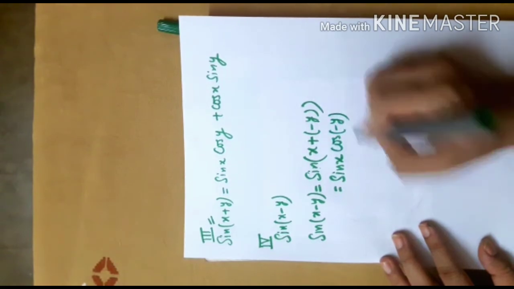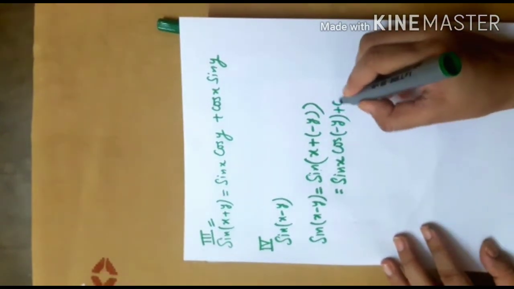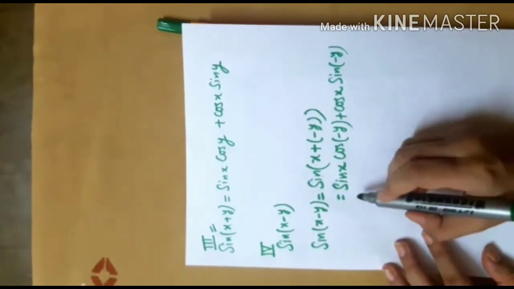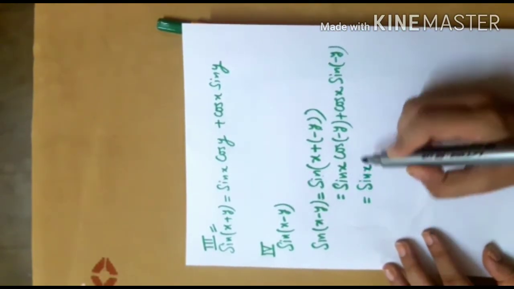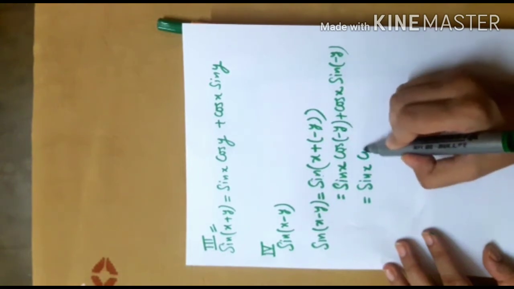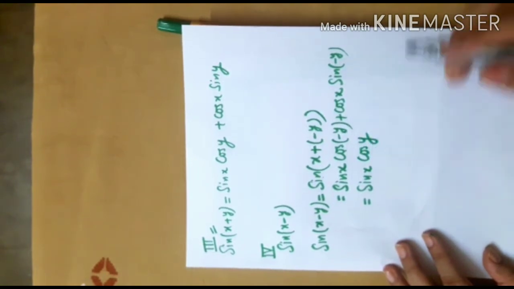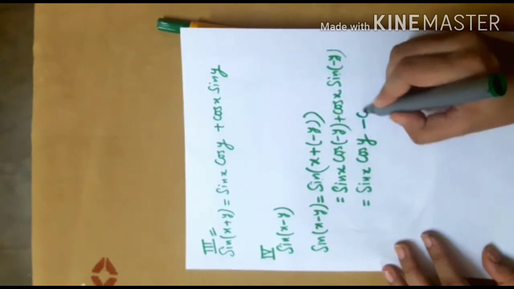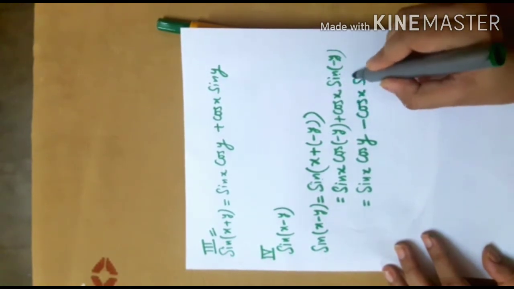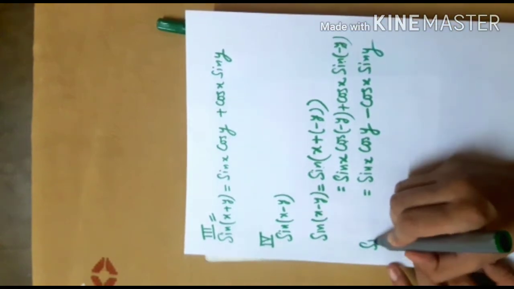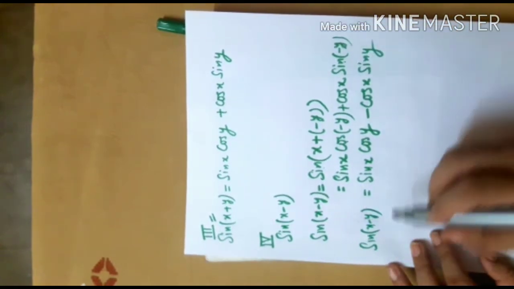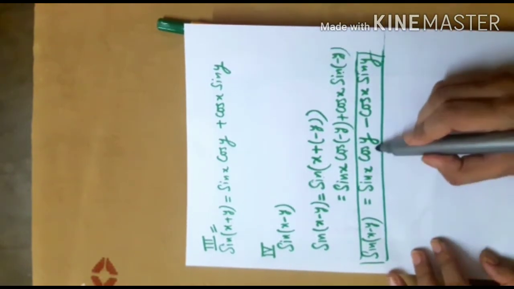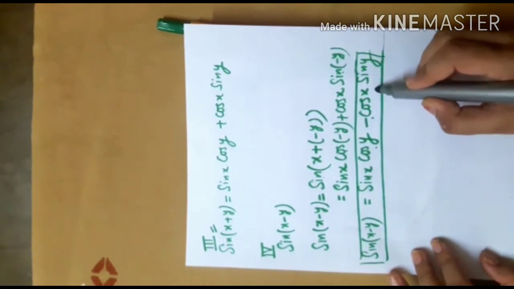So I'll get cos of minus y plus cos x into sin of minus y. So this is sin x, cos of minus theta is cos theta. So I'll get here cos y and sin of minus theta is minus sin theta. So I'll get minus cos x sin y. So remember this, sin(x minus y) is sin x cos y minus cos x sin y.